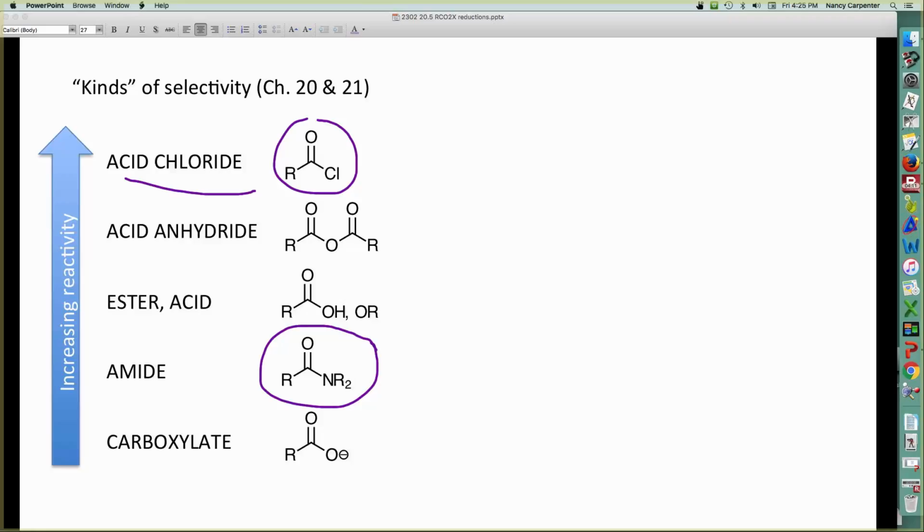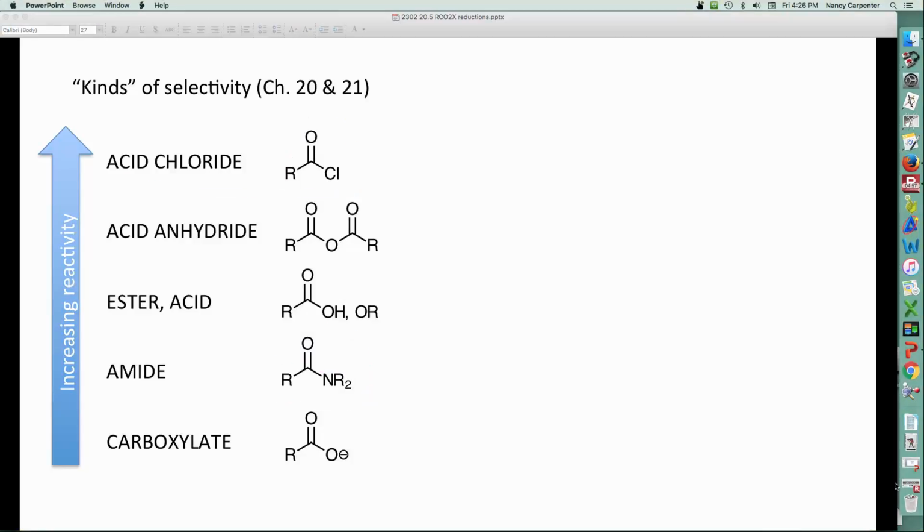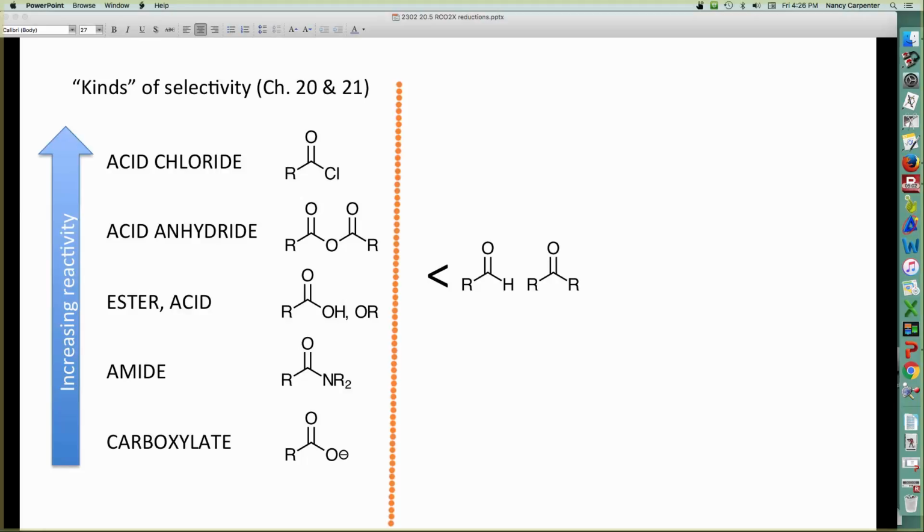And we'll go through this in great gory detail in chapter 21. But it's actually chapter 1, because what we're looking at is resonance contributors. So because the nitrogen is pumping its lone pair into the amide, well, that makes it a lot less electrophilic. But the other part of reactivity here that we're going to talk about is the fact that all of those carboxylic acid derivatives are a lot less reactive than aldehydes and ketones.